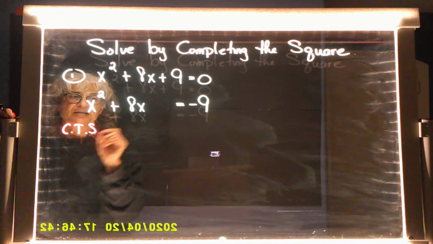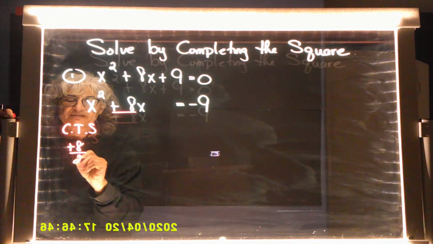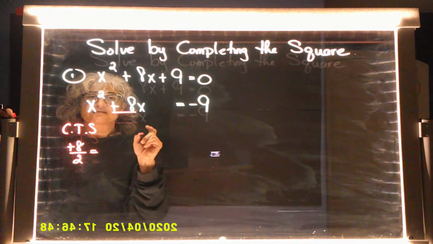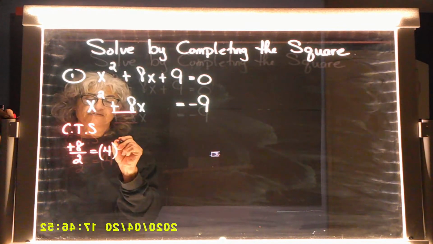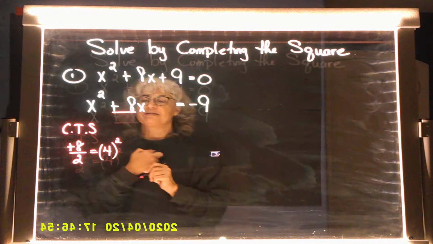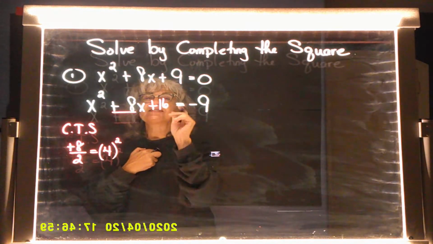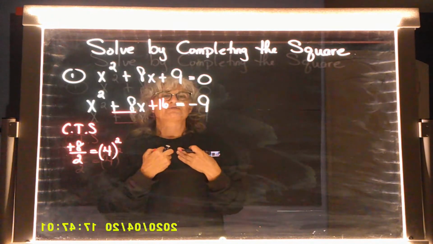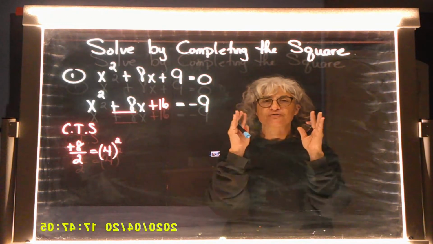So, to complete the square, we are going to take the middle number and we are going to take half of it, which gives us, good, 4, and then we get to square it, which gives us, excellent, 16. So that means I'm going to add 16. This is the third number that I'm really looking for. This is the third number that makes this polynomial perfect.